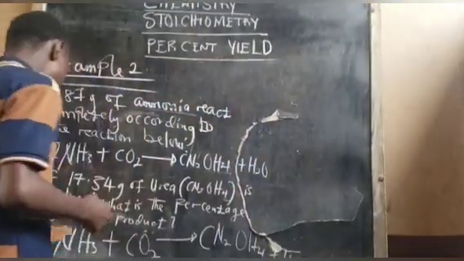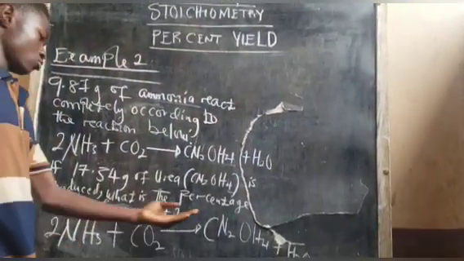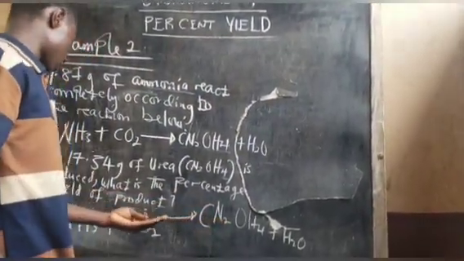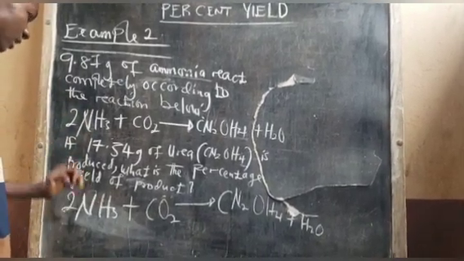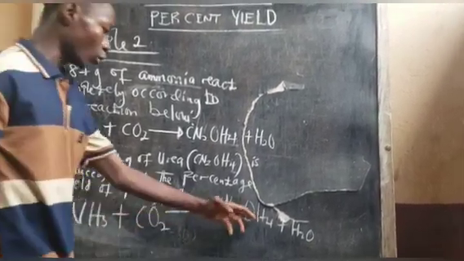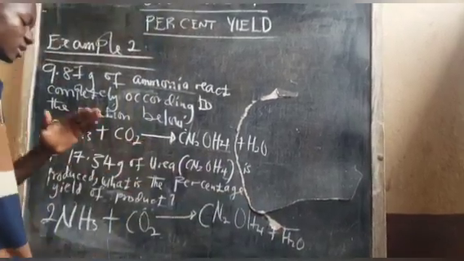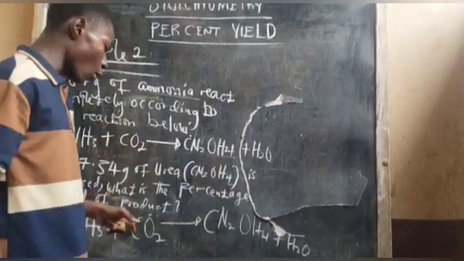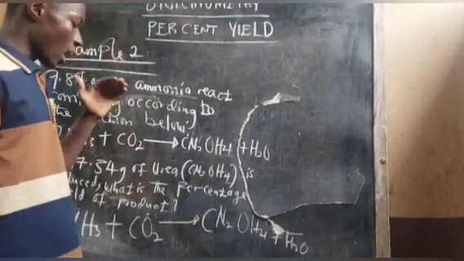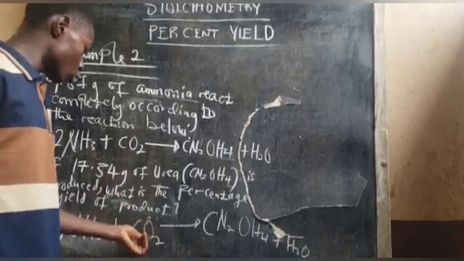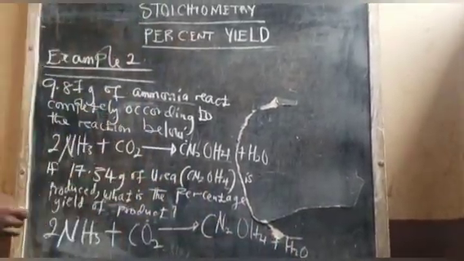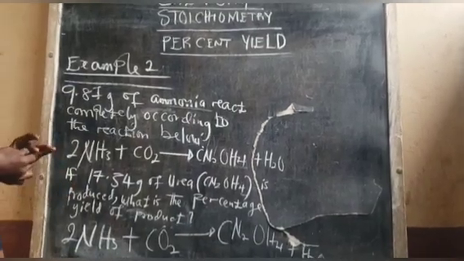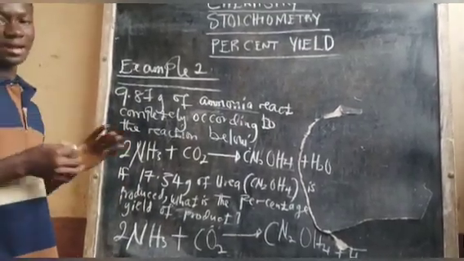I'm having 2 nitrogen, 2 nitrogen. Nitrogen is balanced. 2 multiplied by 3 is 6 hydrogen, 4 plus 2 is 6 hydrogen, hydrogen is balanced. 1 carbon, 1 carbon, carbon is balanced. 2 oxygen, 2 oxygen, oxygen is balanced. So this particular chemical equation is balanced.